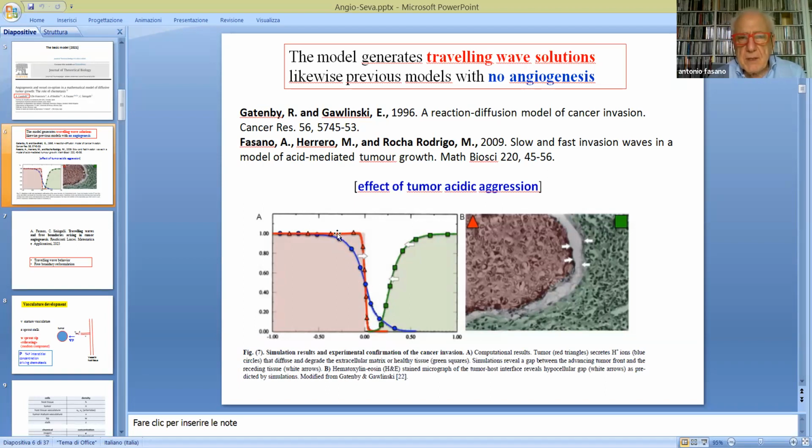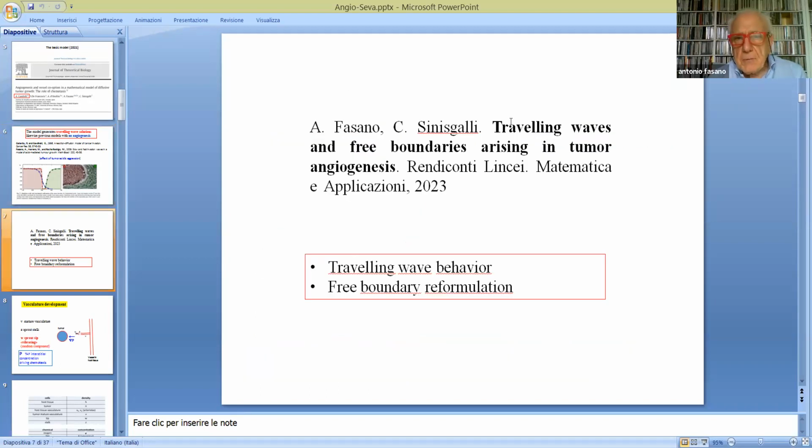So eventually the tumor profile translates from the left to the right, and the whole space is invaded by the tumor. Now, in a very recent paper, together with Carmela Sinisgalli, we investigated more deeply the traveling wave behavior of the solution of the model published in 2021, and also on a background of a free boundary theory.